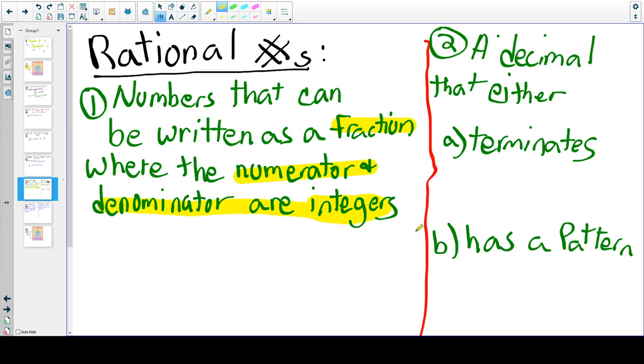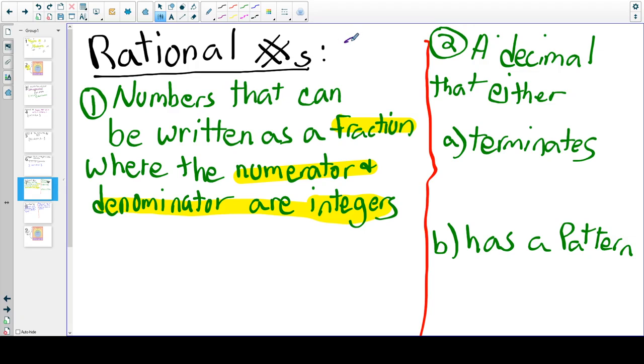We know integers mean positive and negative whole numbers. So we could say this differently by saying numbers that are rational can be written as a fraction where the numerator and denominator are either positive or negative whole numbers. So let's do an example or two of that.